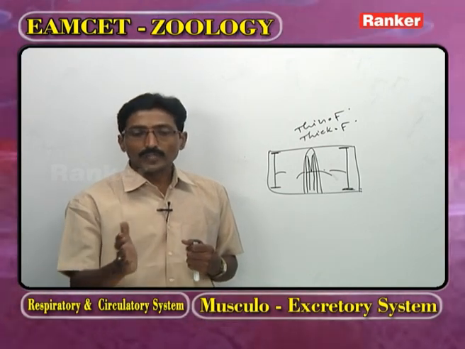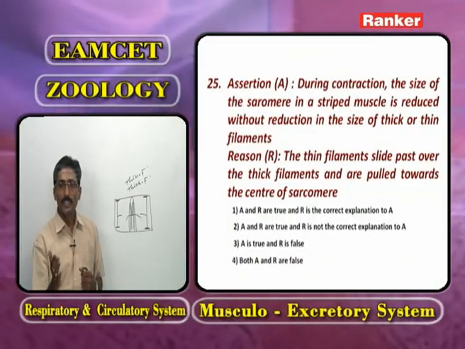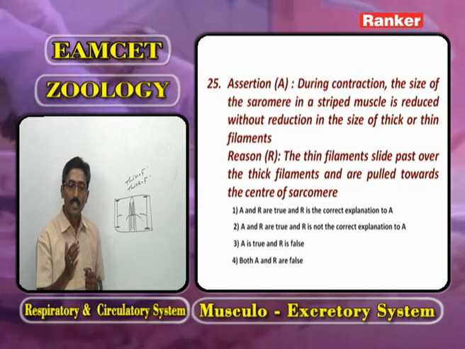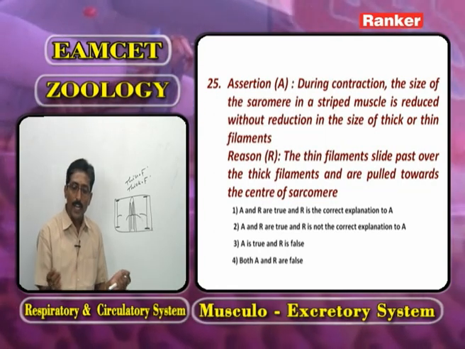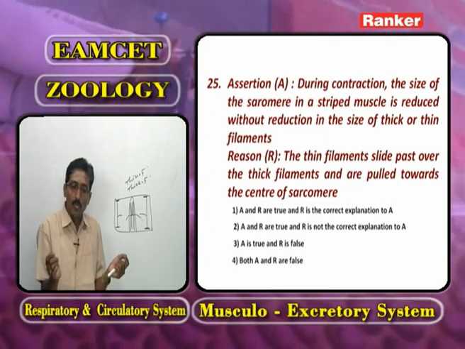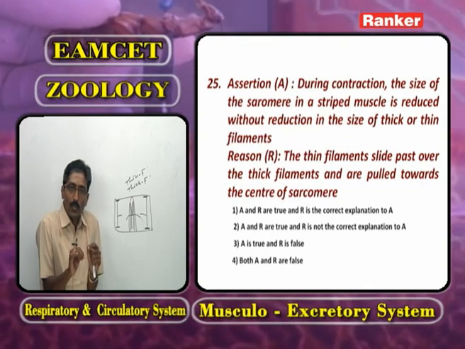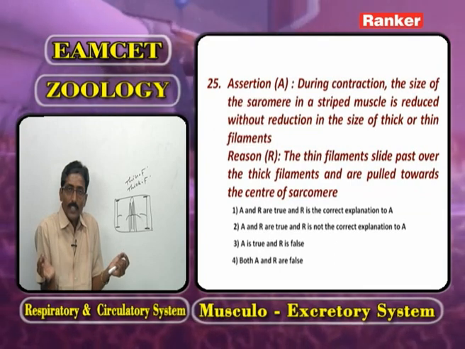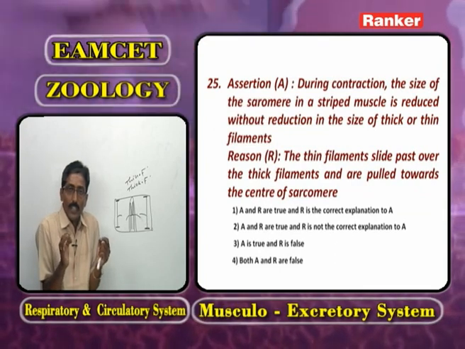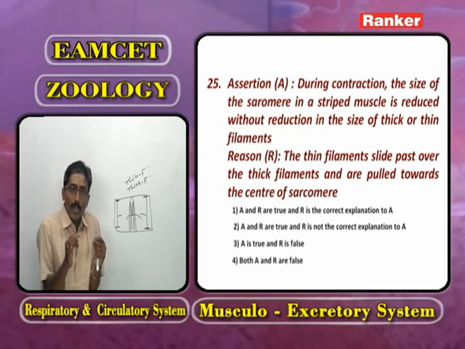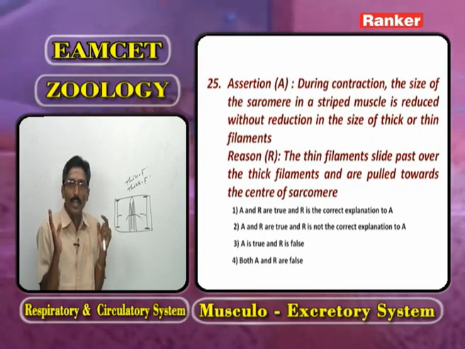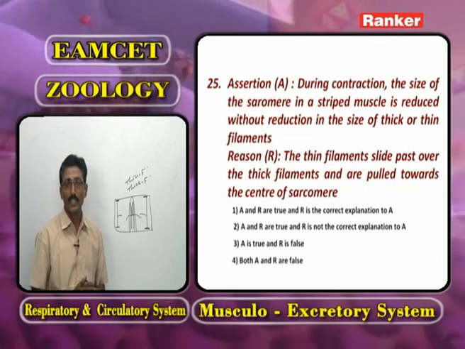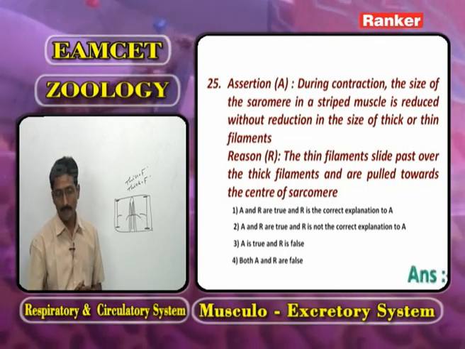Reason: during muscle contraction, the thin filaments slide past over the thick filaments and are pulled towards the center of sarcomere, but not up to the M line. The thick and thin filaments enter into A band only up to H zone, but not the M line. So there is no change in the A band. So both are correct. R explains A.